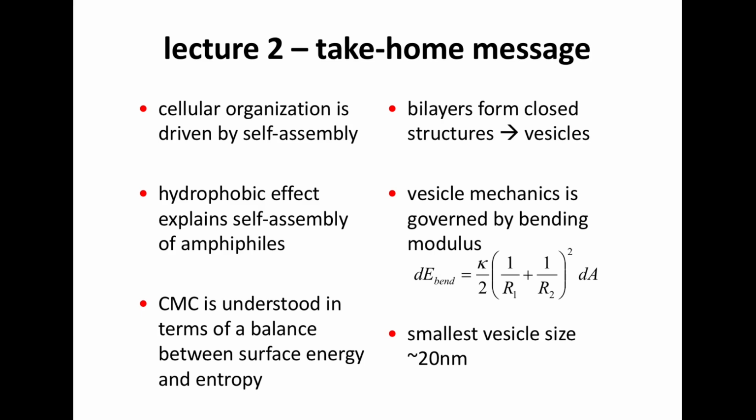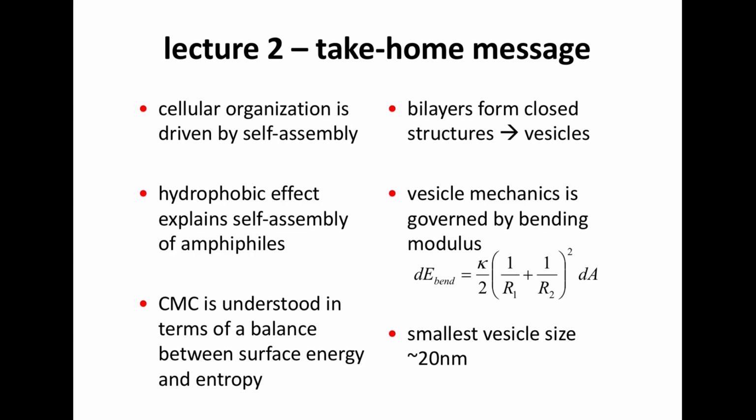Further, we found that bilayers form closed structures. Those are called vesicles. The formation of vesicles is governed by the mechanical properties of membranes. The bending energy, or the change in the bending energy, on a small patch dA is thereby given by kappa half times (1 divided by r1 plus 1 divided by r2) squared, where r is the typical radius of curvature.